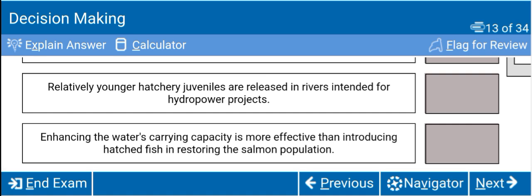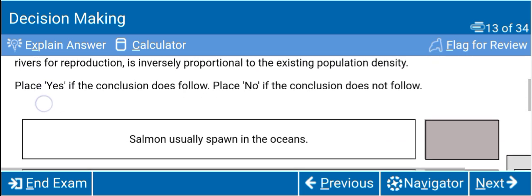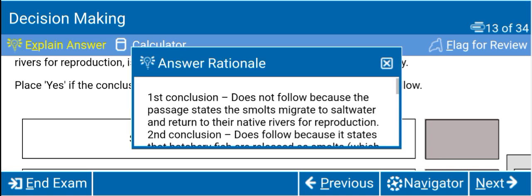Fourth, relatively younger hatchery juveniles are released in rivers intended for hydropower projects. Fifth, enhancing the water's carrying capacity is more effective than introducing hatched fish in restoring the salmon population. So here we have these five conclusions. So let's see which one does follow the statement of the question and which one does not.